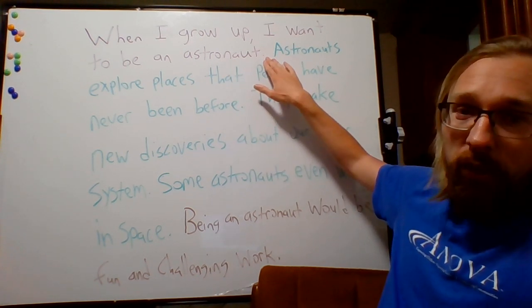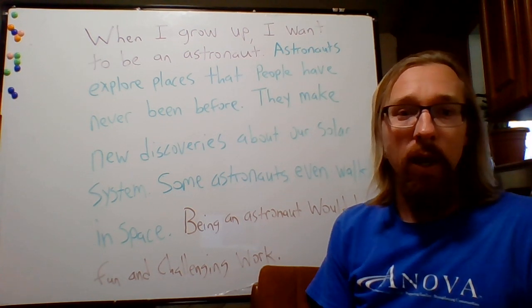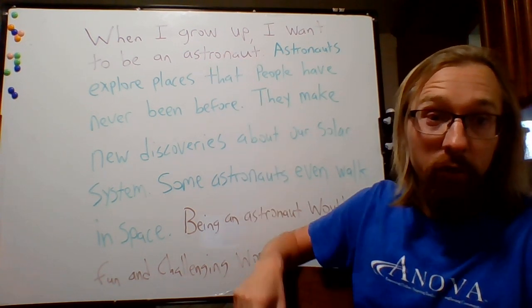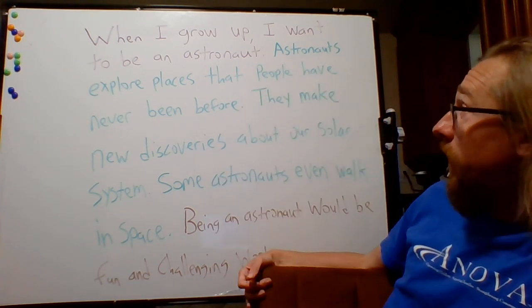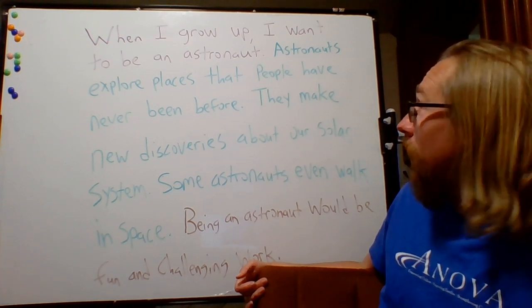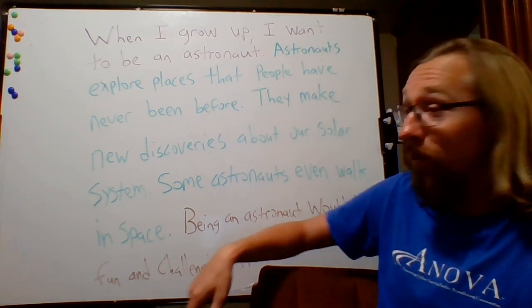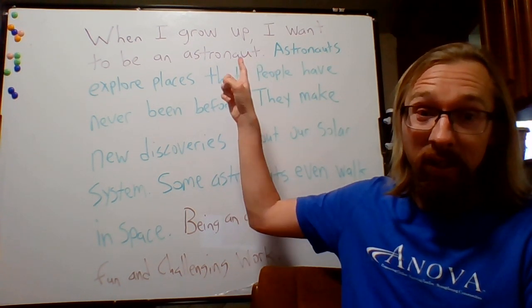Now, after the starter sentence, the part in green goes on to give details about being an astronaut. And these details relate to this person's interests. So this person says, astronauts explore places that people have never been before. They make new discoveries about our solar system. And it says some astronauts even walk in space. So these are all aspects of being an astronaut that are interesting to this person.